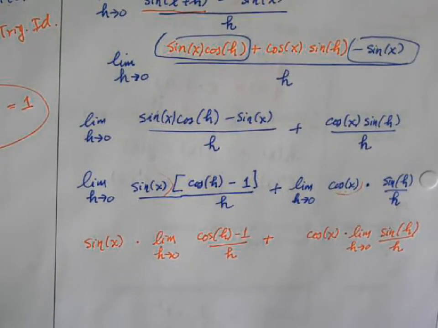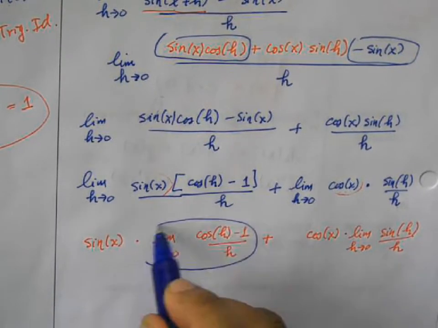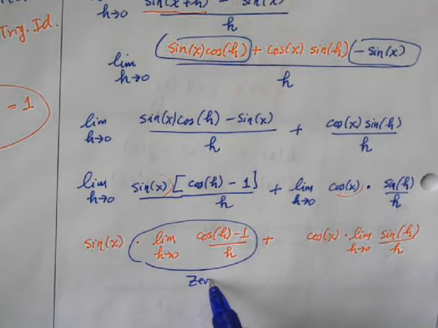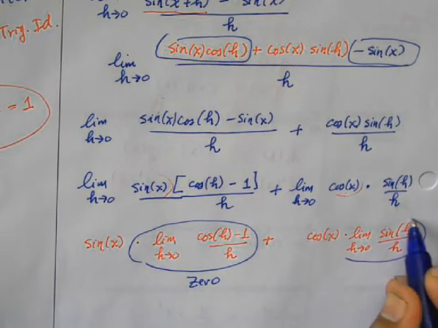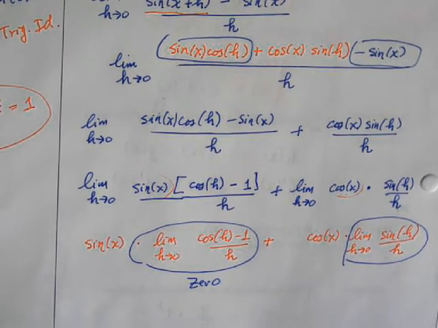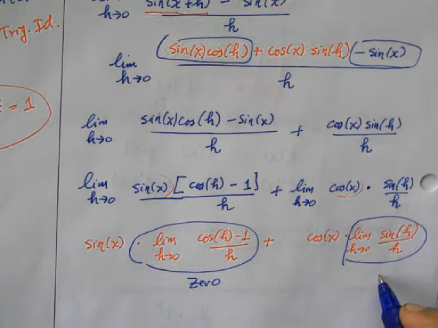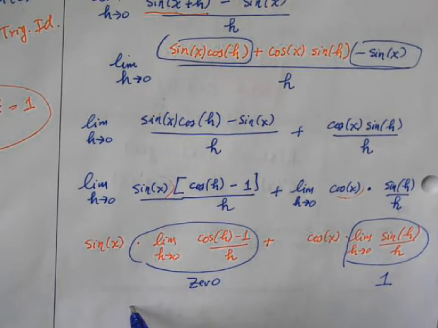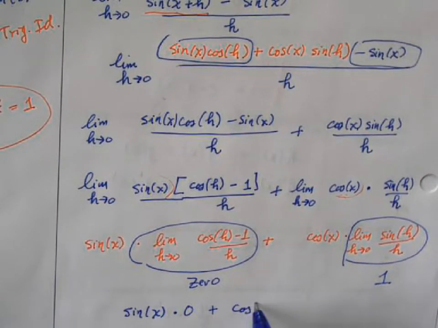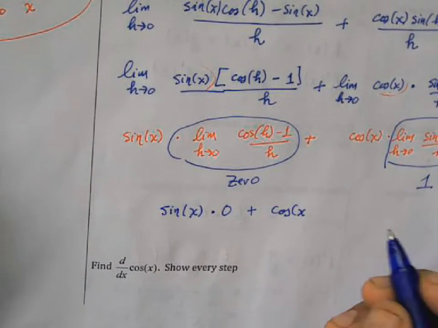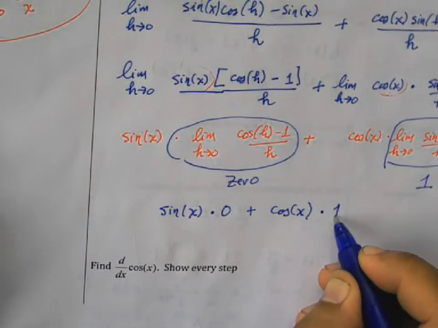Well, let's see what we have here. This entire thing is 0. We've seen this limit before. This sine of h over h is 1. So what we end up with is sine of x times 0 plus cosine of x times 1.